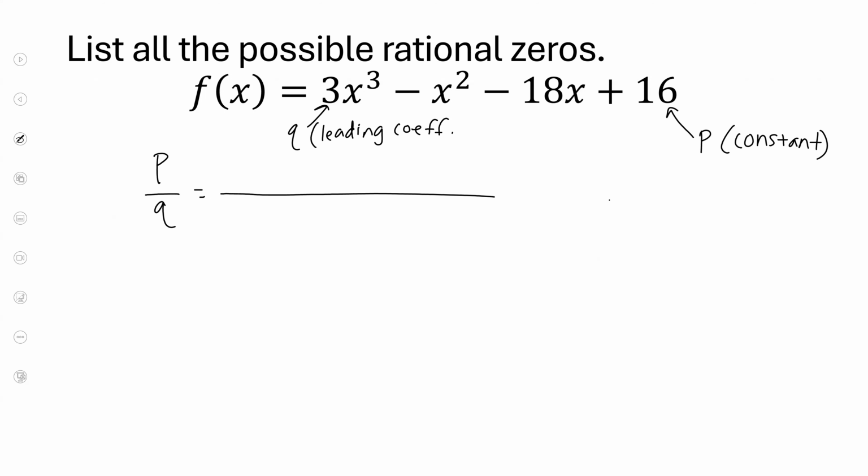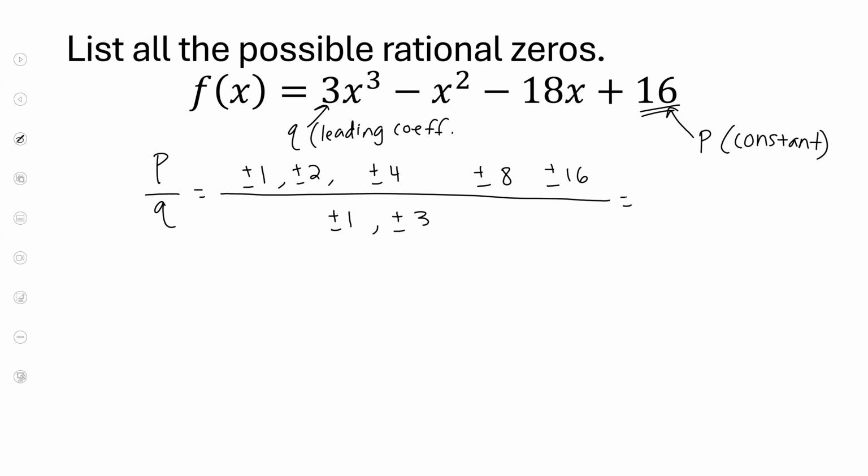The factors of P are 1 times 16 will give you 16. 2 times 8 will give you 16. And 4 times 4 will give you 16. So those are the factors of P. The factors of Q are 1 and 3, because 1 times 3 will give you 3. -1 times -3 will give you 3.